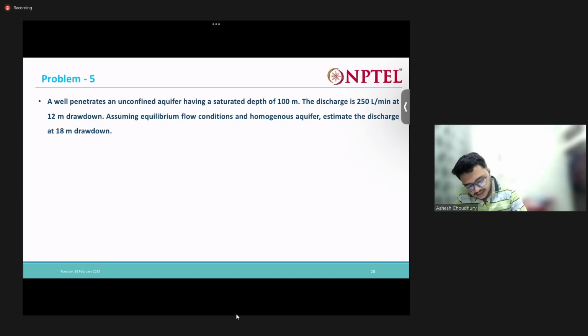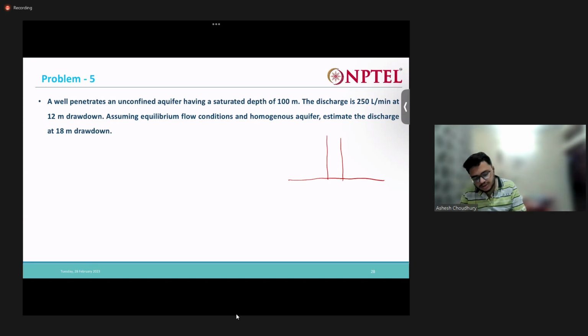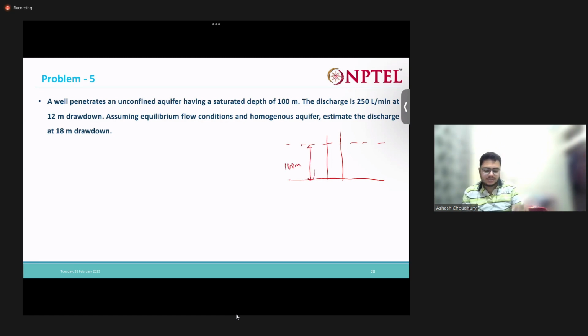So in pumping out test, it's given that the well actually penetrates. This is the water table, right? So the saturated depth is 100 meters. This is the saturated depth, this is the 100 meters, and the discharge is 250 liter per minute at 12 meter drawdown. It means that the height from the top is 12 meter.